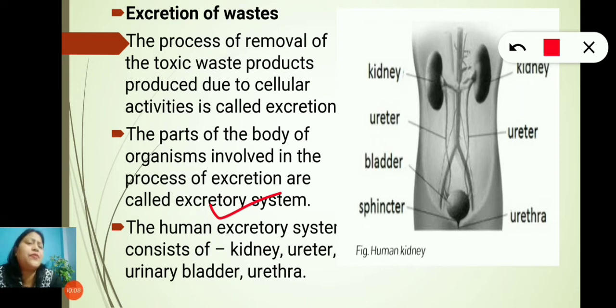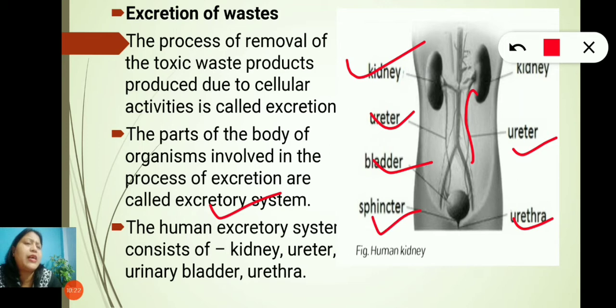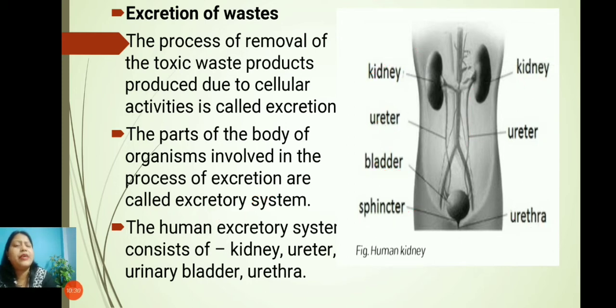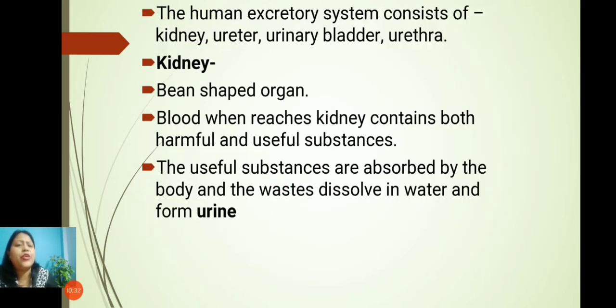You can see the picture here. These two pipe-like structures are the ureters. This is the bladder, this is the urethra, this is the sphincter, and this is the kidney. These are the organs of the human excretory system.